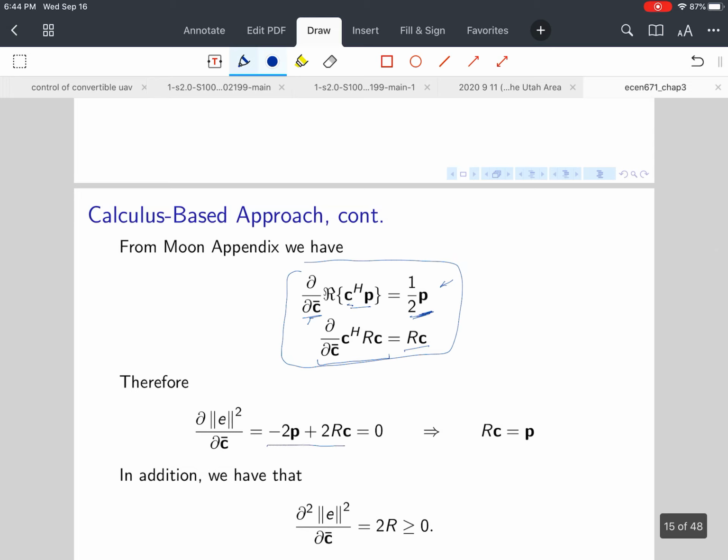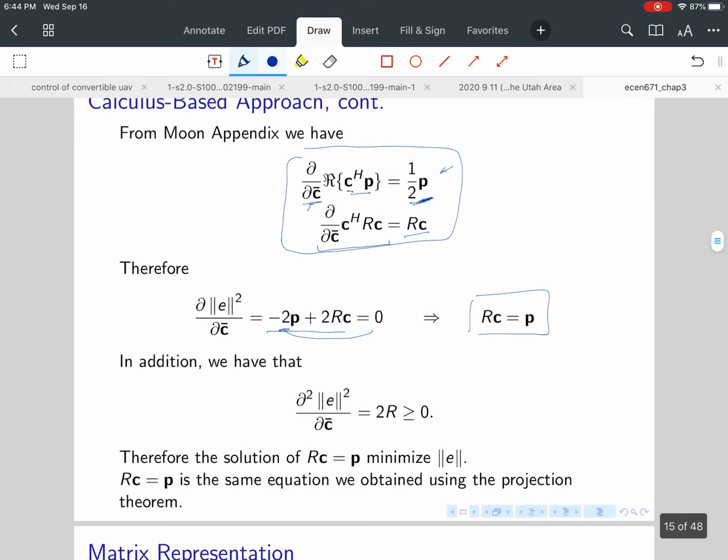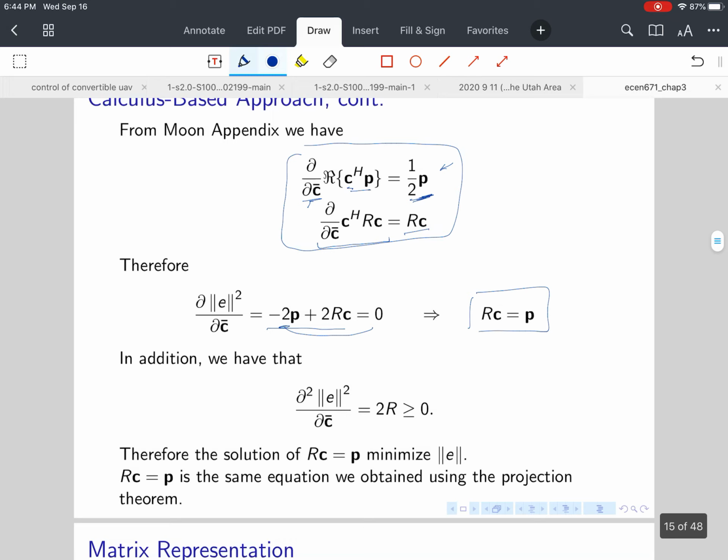So we get minus 2p plus 2Rc equal to 0, and when we solve, we put this on the other side, divide by 2, and we get R times c is equal to p.